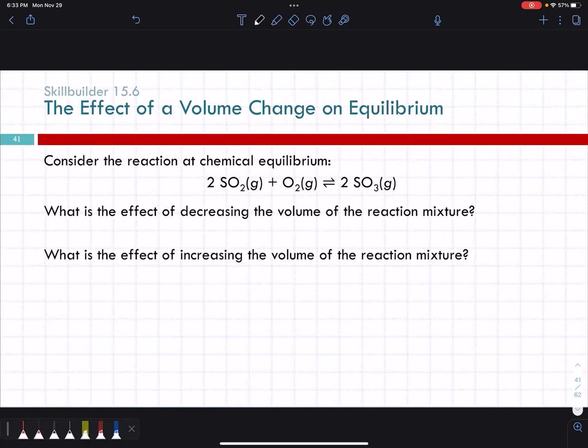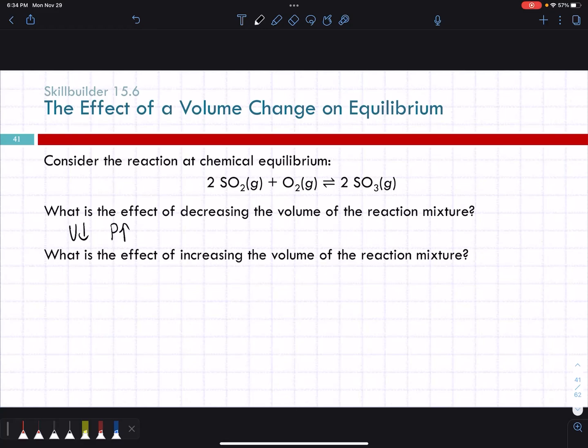So if we consider this reaction at equilibrium, what is the effect of decreasing the volume of the reaction mixture? This would be volume decreased, which means pressure is going to increase. So to relieve that pressure, we want fewer particles.